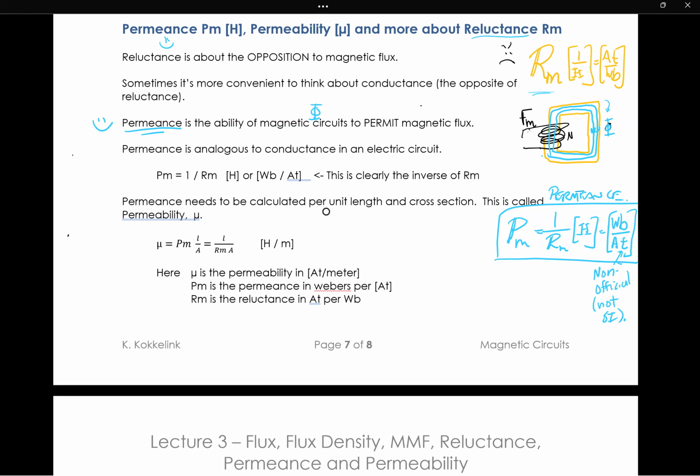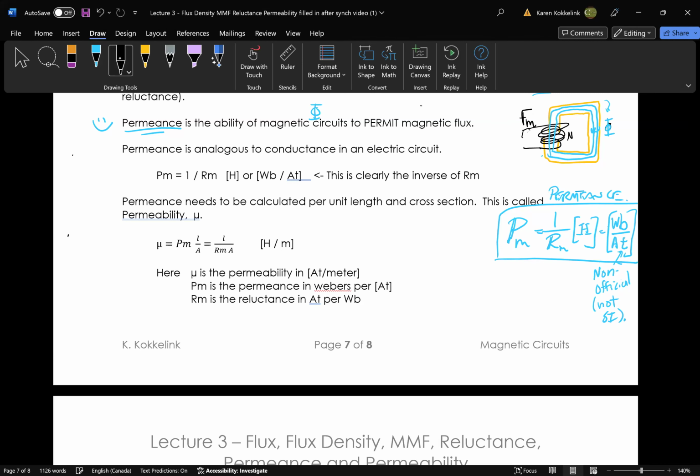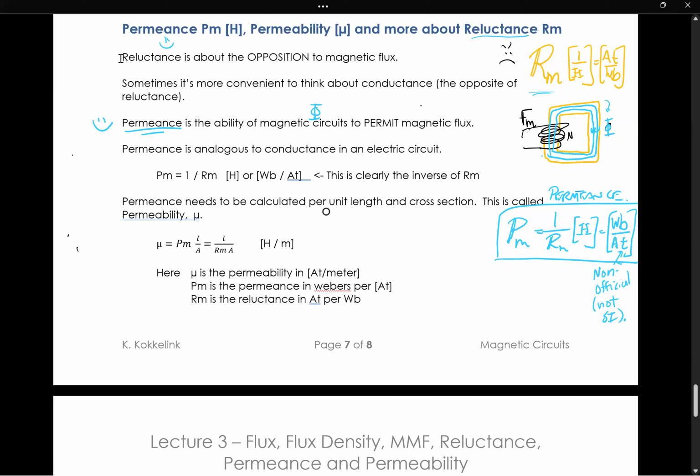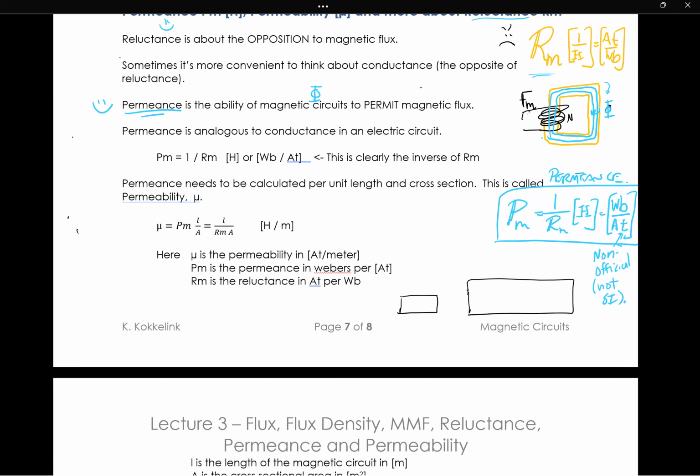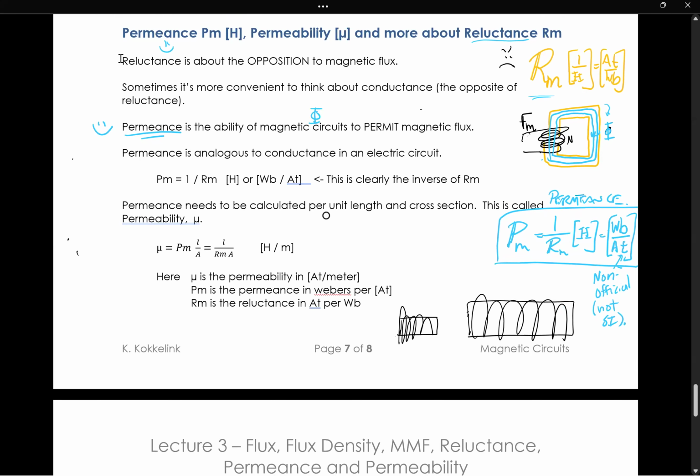However, that's a little bit useless because, of course, a large magnetic circuit is going to be really, really permeable. And of course, a small one is not going to be permeable. So now let's look at this small magnetic circuit and this very, very large magnetic circuit. And since there's coils on here, there's going to be some flux induced in here.